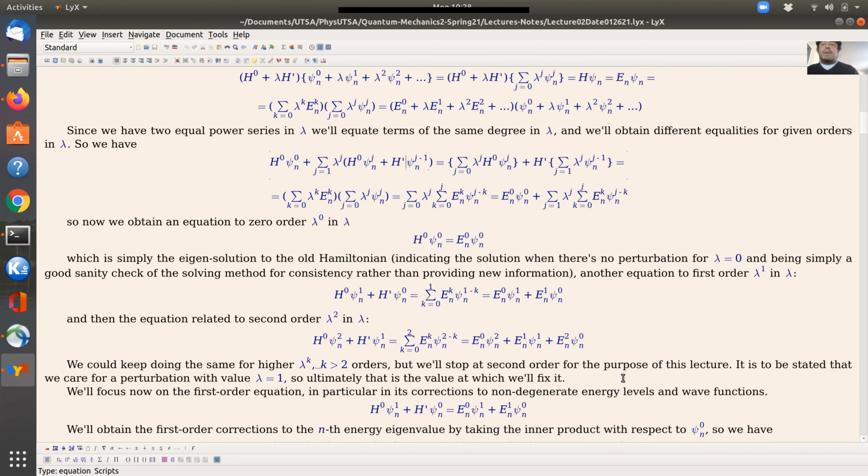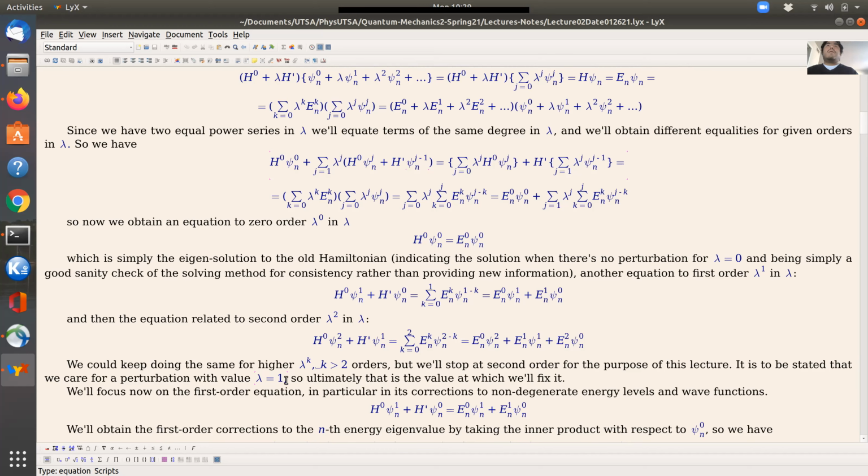That is expected. So in principle, you could do that for the higher orders, but again, in quantum mechanics, you rarely go past second order. So again, it is to be mentioned that you care for a perturbation with value equal to 1, meaning that you will make lambda equal to 1 at the end.